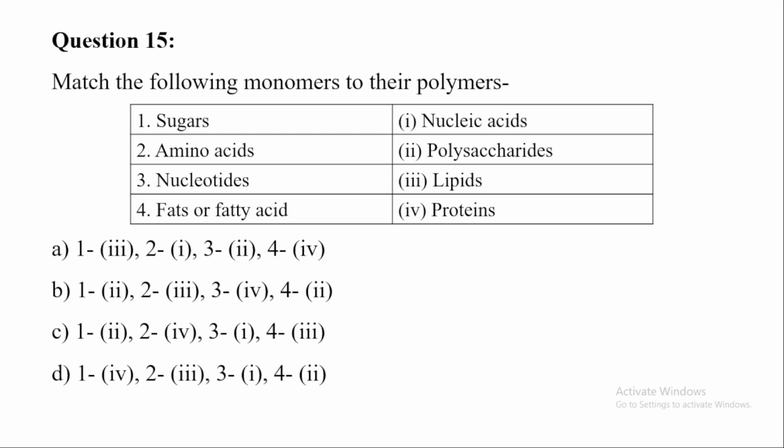We have to say which of the monomers join to form the polymers. The first option is sugars. What will you get if you attach many sugar molecules together? What will the polymer be called?